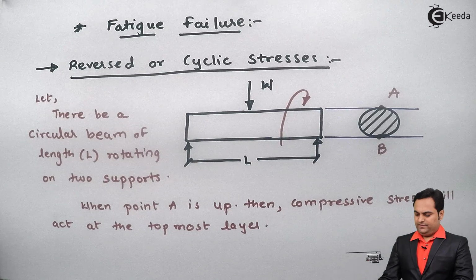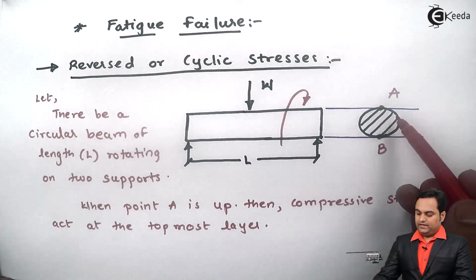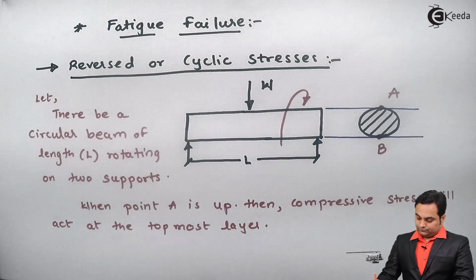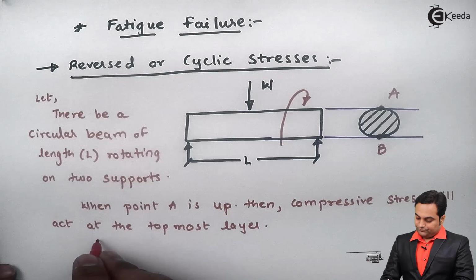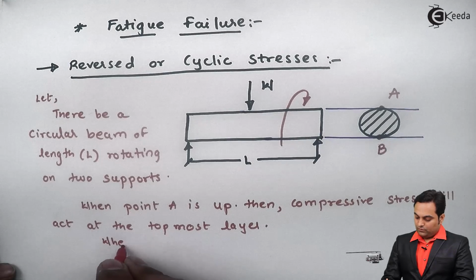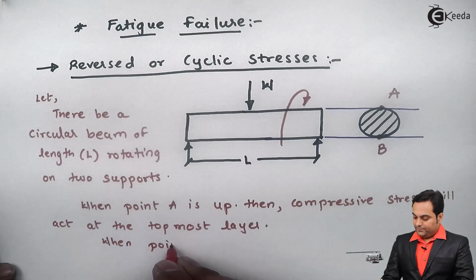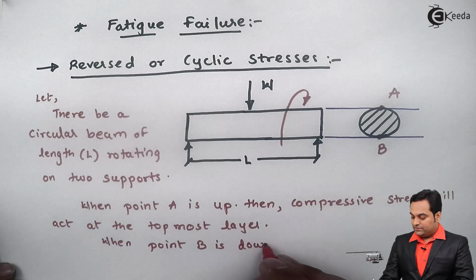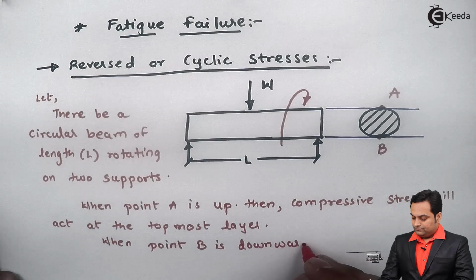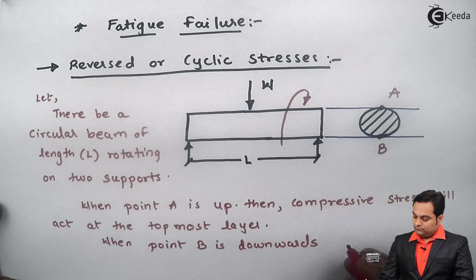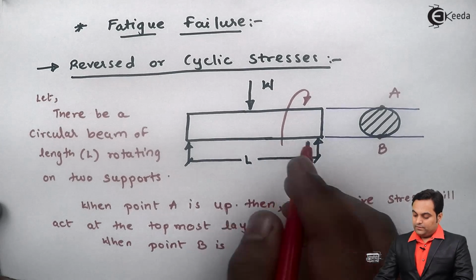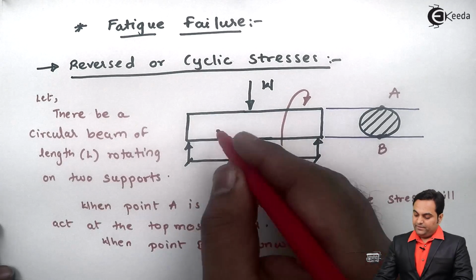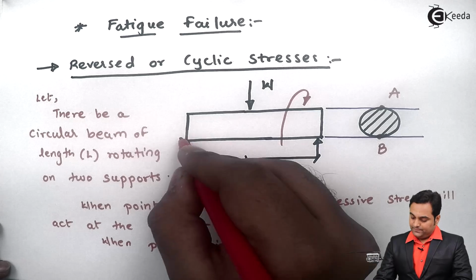Or I can say when point B is downwards, then B would be subjected to tension, because we know the bending pattern of a simply supported beam.